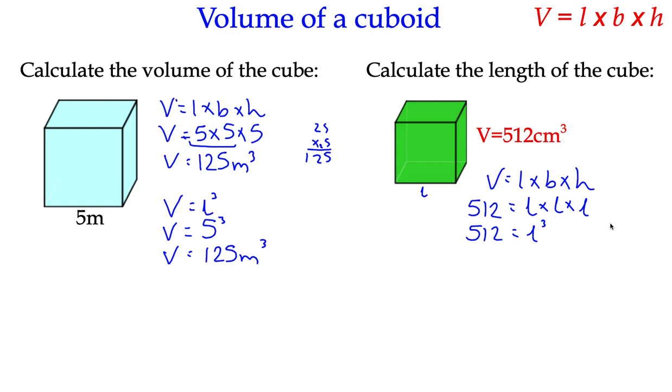We know that to undo a square term, we would find the square root of something. We want to do the inverse of that. So if you're trying to undo a cubed term, then you're going to find the cube root of that, with a wee 3 there. So what we can say is we can take the cube root of both sides, and effectively the inverse operations mean that we're back to L on its own.